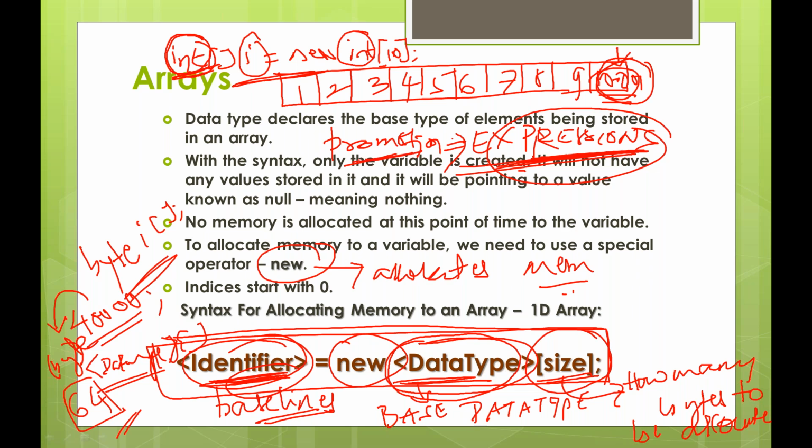The moment I said promotion, I told you it is associated with expressions, not just values. So for promotion to happen, you should use the values within an expression. What you are asking is also possible. Say for example, you have an array and you want I of 9 is equal to I of 1 plus I of 2.